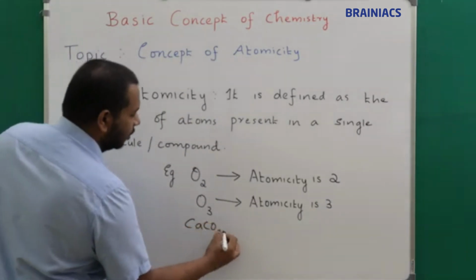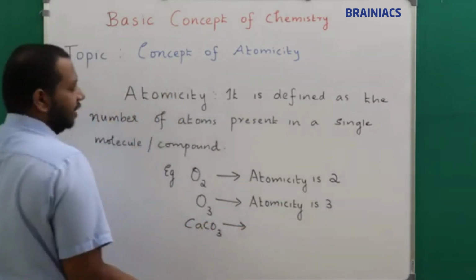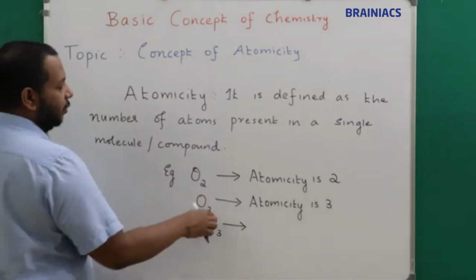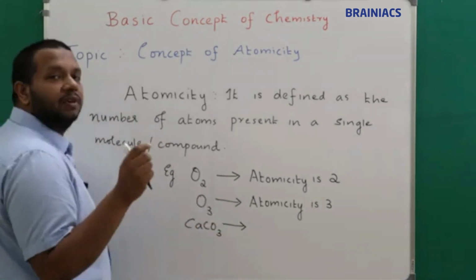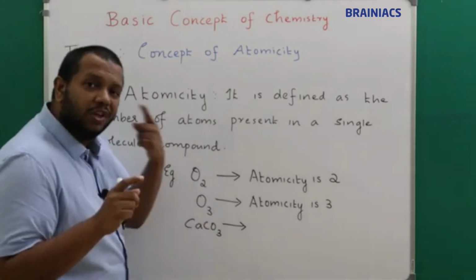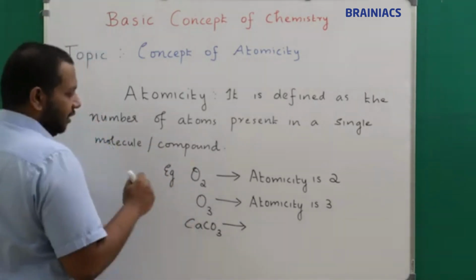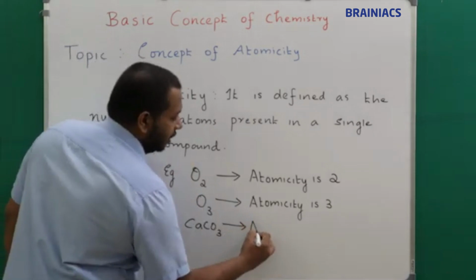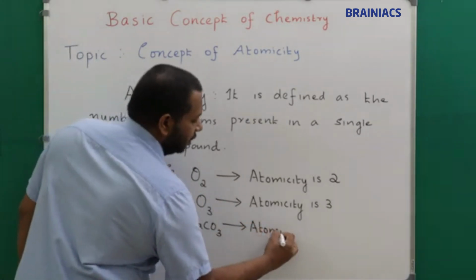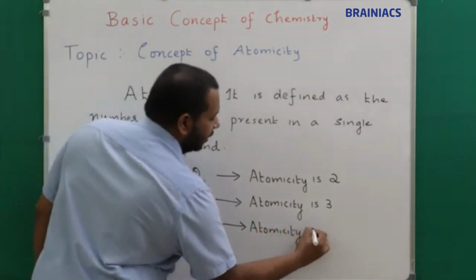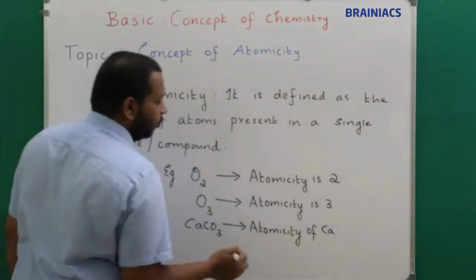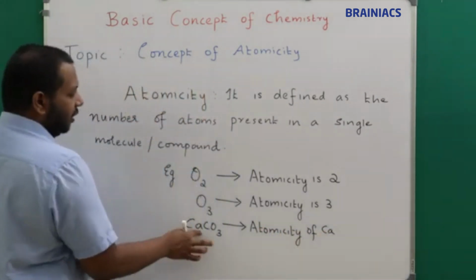Now we will take a mixed example: calcium carbonate. It's a compound made up of different atoms. If I am going to take the atomicity, the question will be: atomicity of which atom? Atomicity of calcium: in one molecule, how many calcium atoms are there?